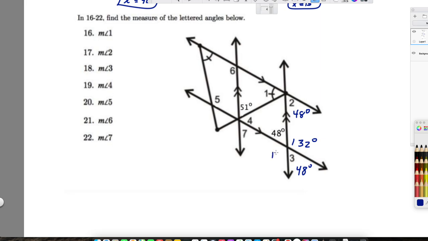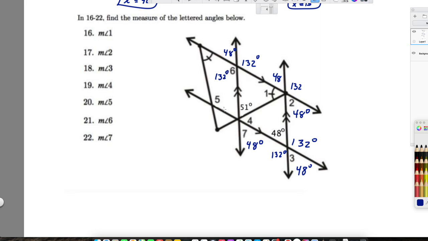This is 132. 7 and 48 are corresponding. Let's see. This is 48. This is 132. This is 132. This is 48. 6 would have been then 132.